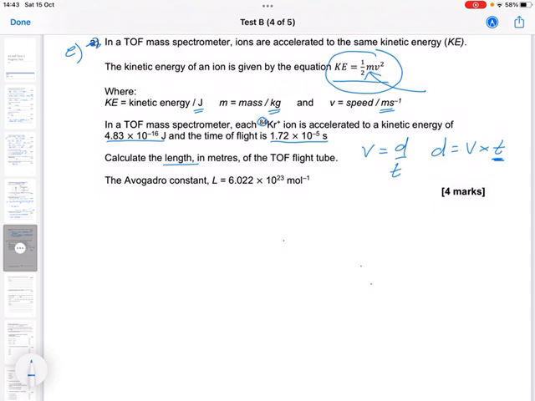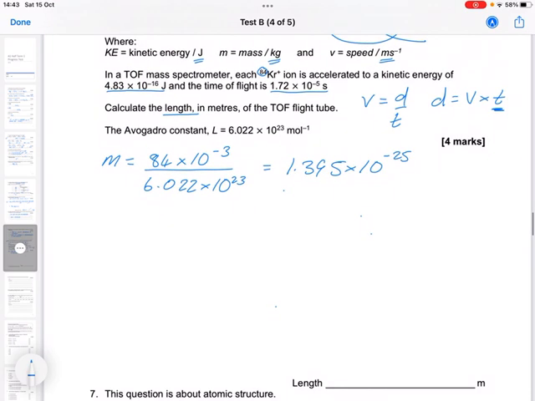So the mass of 1 ion in kilograms is 84, so divide that by 1,000 to get it into kilograms, and then divide by Avogadro's number, which gives me 1.395 times 10 to the minus 25 in kilograms, and there'll be a mark for that.